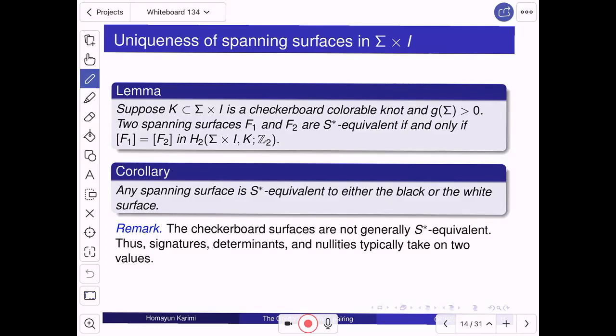As a corollary, any spanning surface is SSR equivalent to either the black or the white surface.